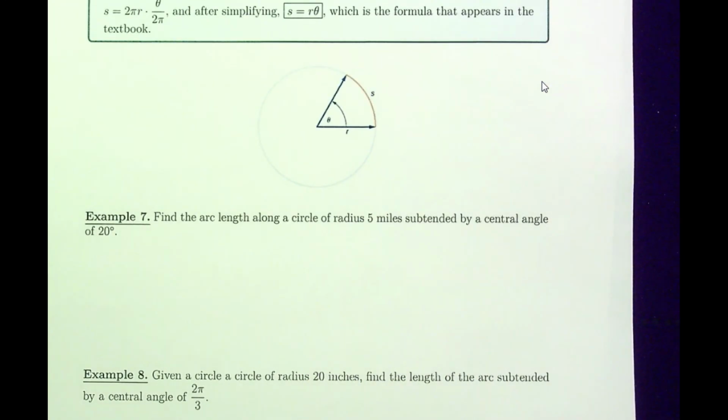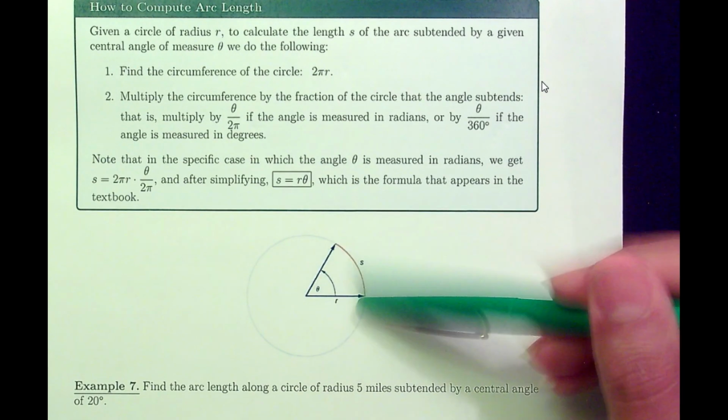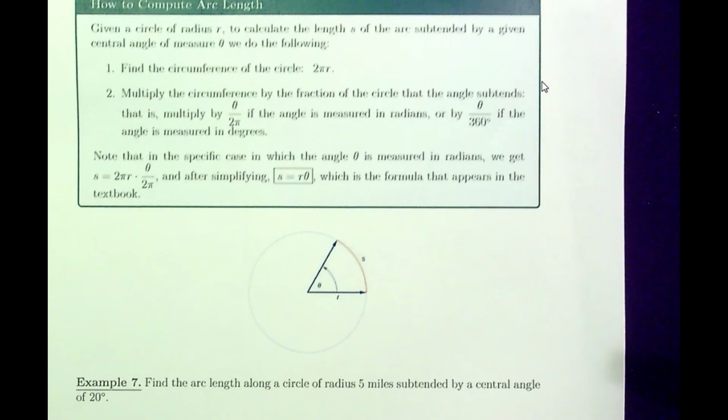All right, the first example is to find the arc length along a circle of radius 5 subtended by a central angle of 20 degrees. Subtended means that if this is the central angle, this is the arc subtended by the angle.